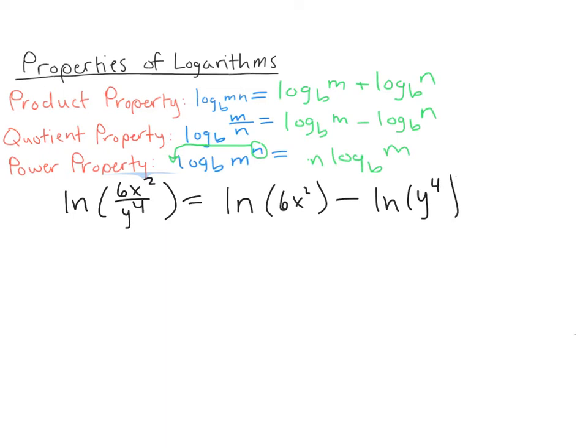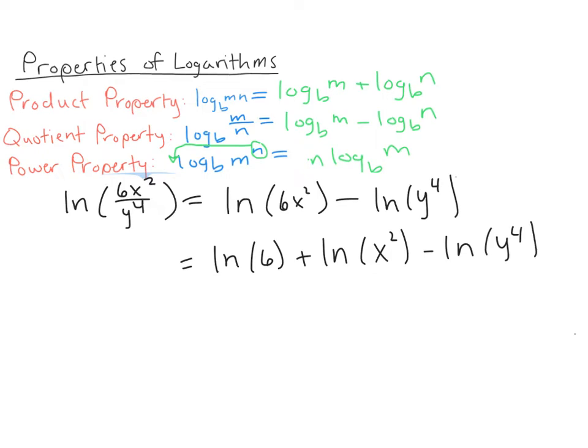We see that it has multiplication similar to the first problem, so we can break apart this ln into the ln of 6 plus the ln of x squared, and then of course you still have minus the ln of y to the 4th. Now we have some powers attached to some of these variables, and so we can bring those to the front.